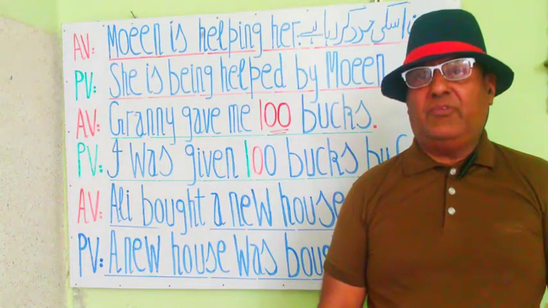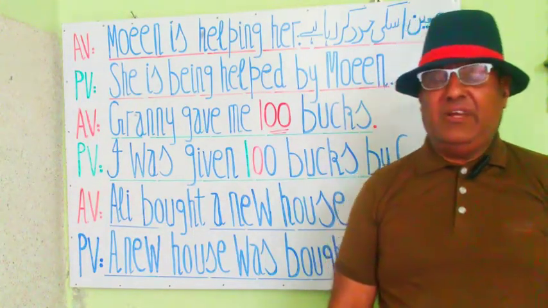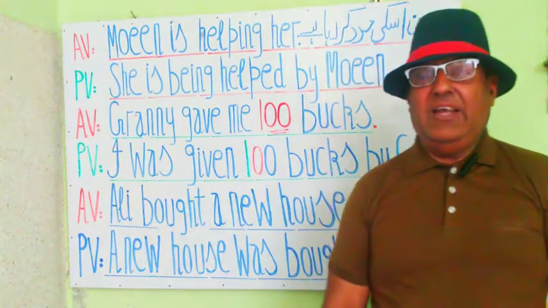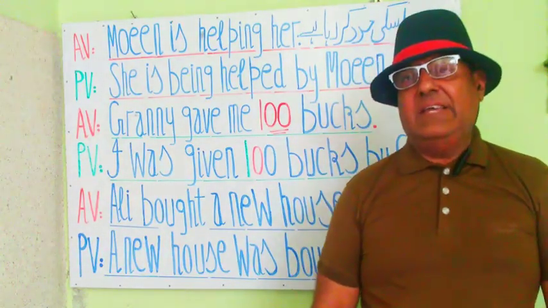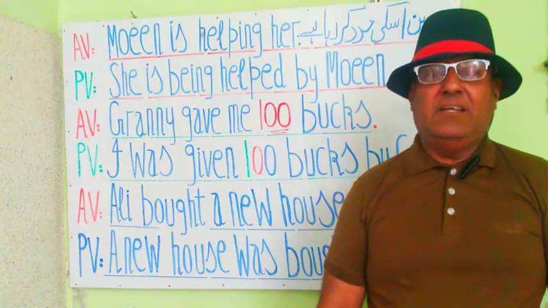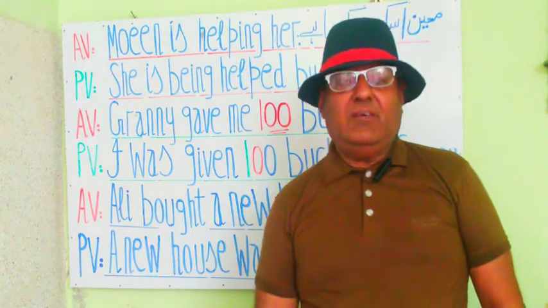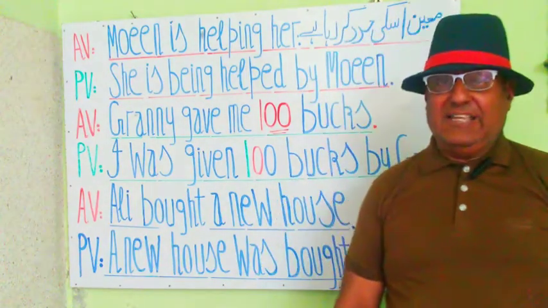By rules we have to add was. I was given. Now we write the third form of the verb give, that is given. I was given 100 bucks by Granny. In passive, Granny will be written here as the object.